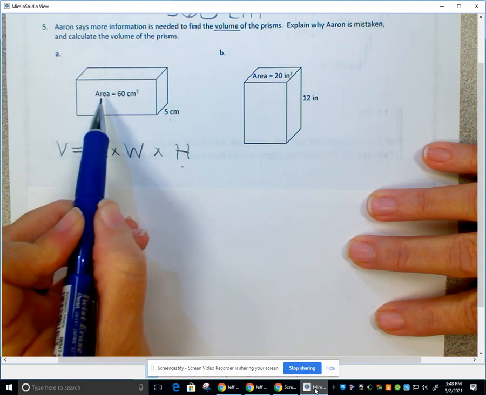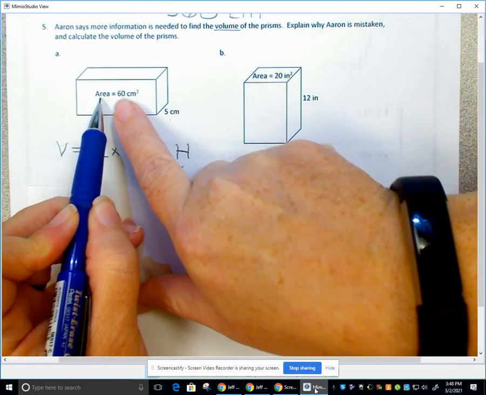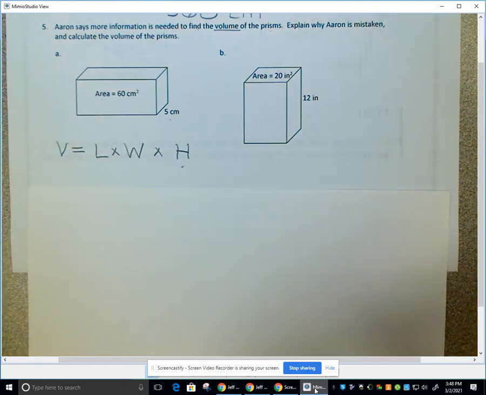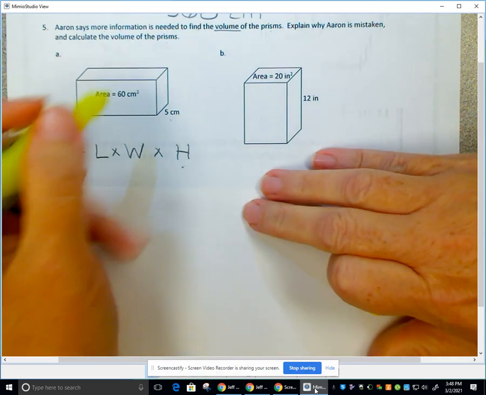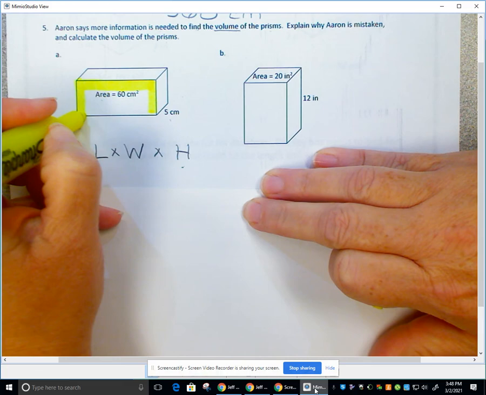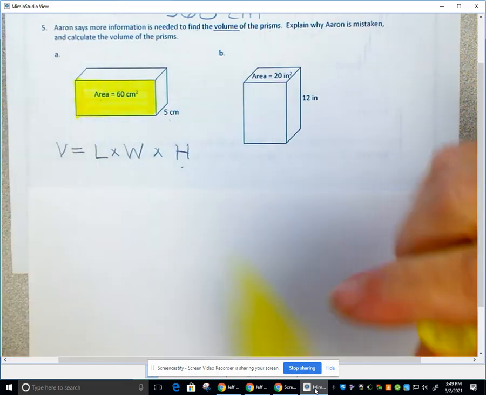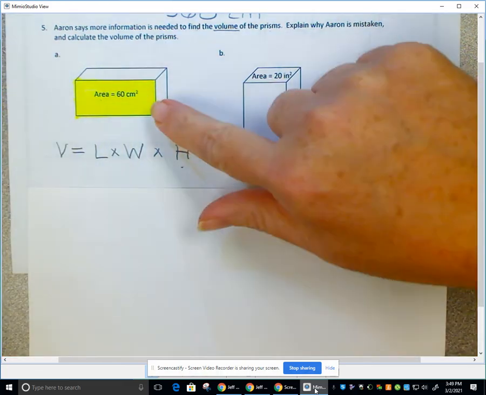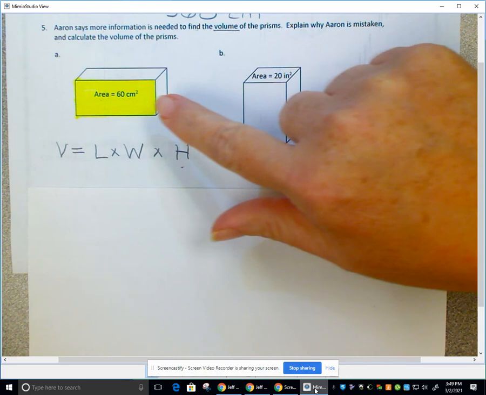What they have done is the area, that means that this piece right here, and I'm going to highlight it so that it stands out, that this face or this side, they've already figured the area. And if you remember in 4th grade, when you were looking for area, you had to do length times width.